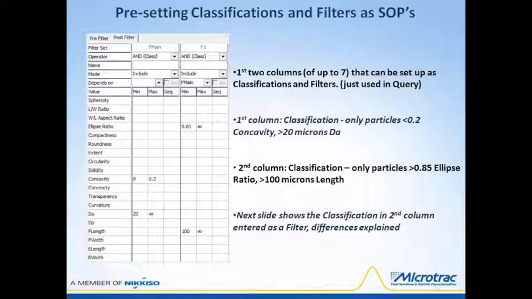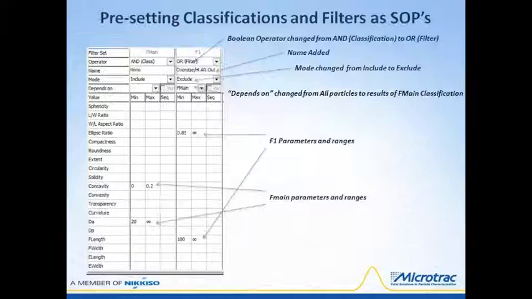The second classification will report only particles with an ellipse ratio greater than 0.85 and a Feret length greater than 100 microns. In the next slide, we'll show the classification in the second column entered as a filter, with the differences explained.